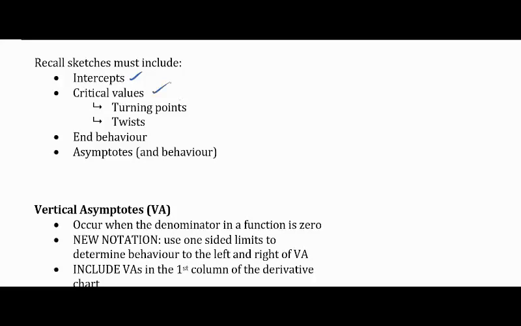We have added in critical values as something that now we can do with calculus with the derivative. The end behavior, that's just generally where do the ends go of a polynomial or anything like that. And then when we start to look at rational functions, we are adding in asymptotes, and then around asymptotes we have different kinds of end behavior or asymptotic behavior, so we're going to add that. That's what we're adding in today.